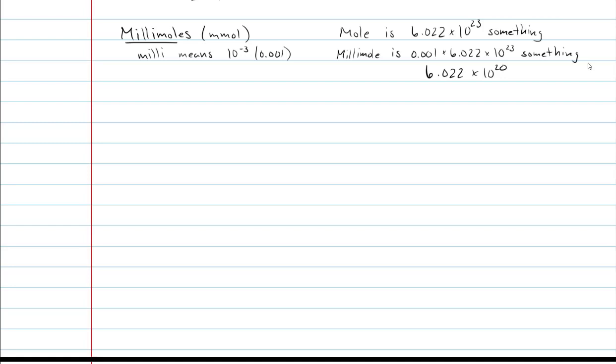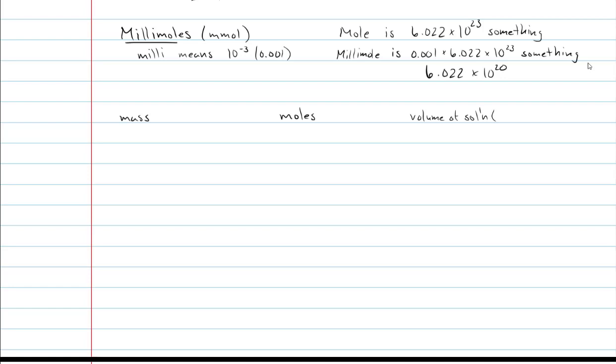So let's look at the most common things that we need in terms of measurements here, and that is we often need to know how many moles of something we have. And the way that we figure out moles of something is typically by mass or by volume of a solution, assuming that our compound is dissolved in solution.